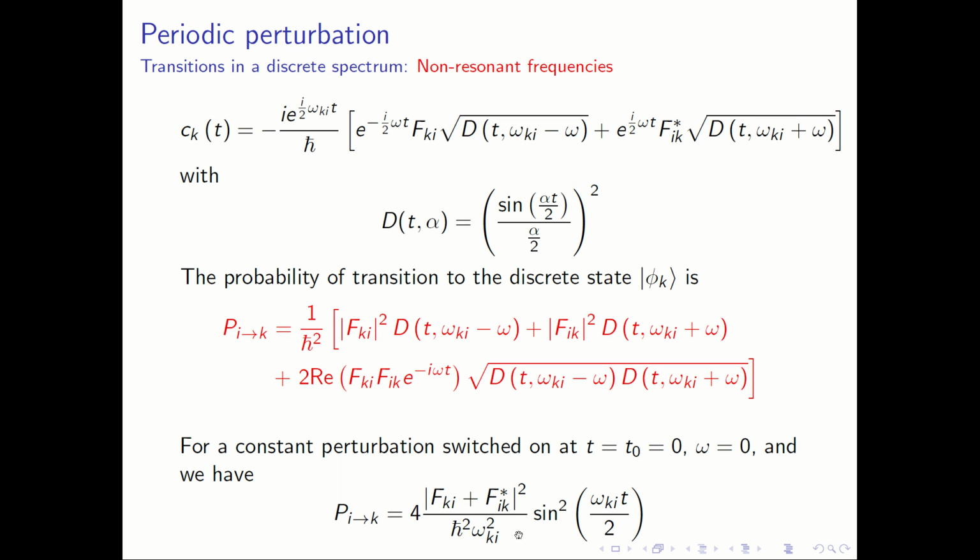As you can see, in this case the probability actually sinusoidally oscillates between 0 and a maximum value.